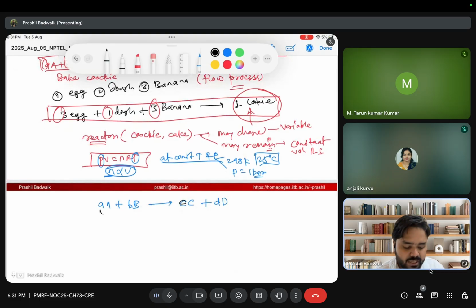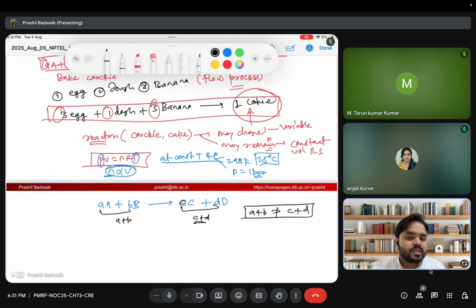How many moles are there in the reactant, a plus b? How many moles are there in the product, c plus d? If a plus b is not equal to c plus d, that means the number of moles has changed. Such systems are called variable volume reacting systems. And if it is equal, then it is a constant volume reacting system. Correct?